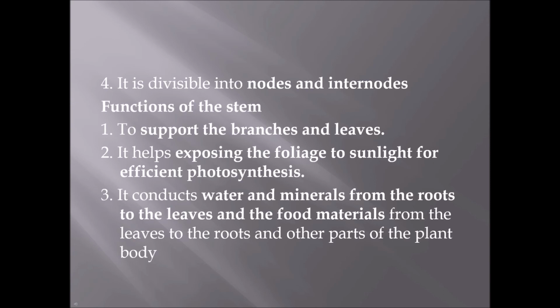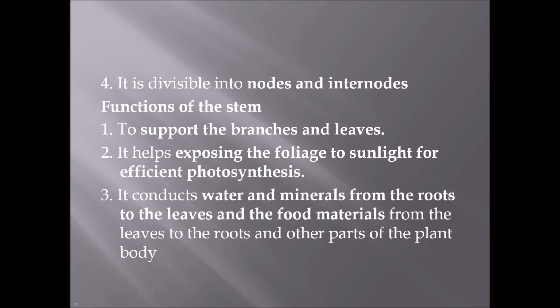The stem is divided into nodes and internodes. The functions of the stem: it gives support to the branches and the leaves. Without the stem, the branches and leaves could not stand upright. The main support is due to the stem only, and it helps to expose the foliage to the sunlight for efficient photosynthesis. For photosynthesis to happen, it needs adequate sunlight.